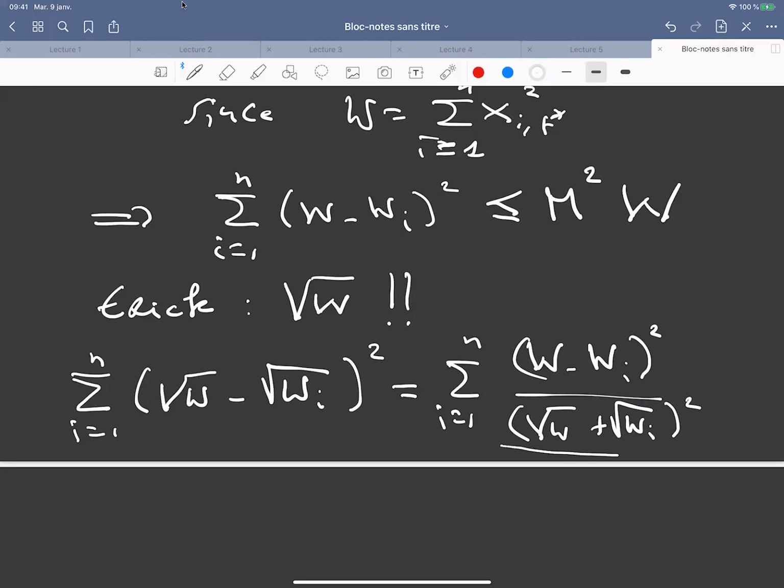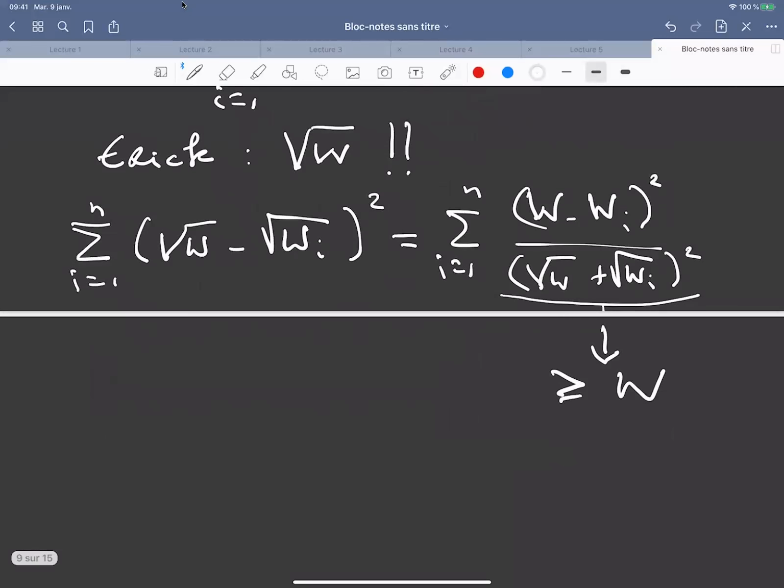And the denominator here is always larger than W. So that at the end of the day, the sum of the squares here is less than m squared W over W, that is m squared.